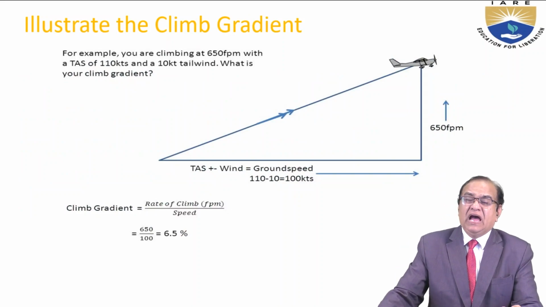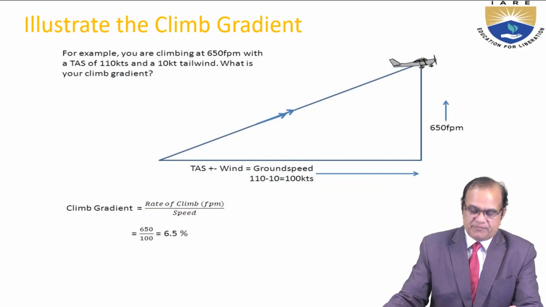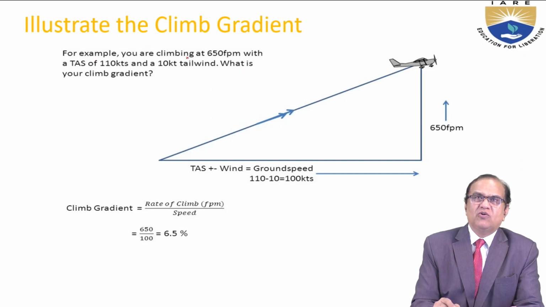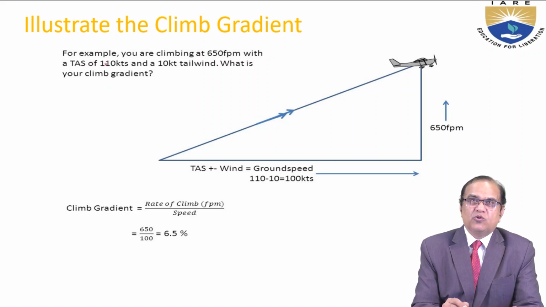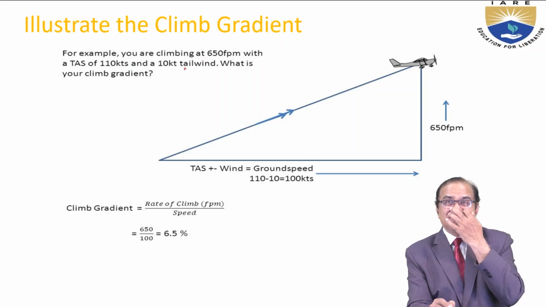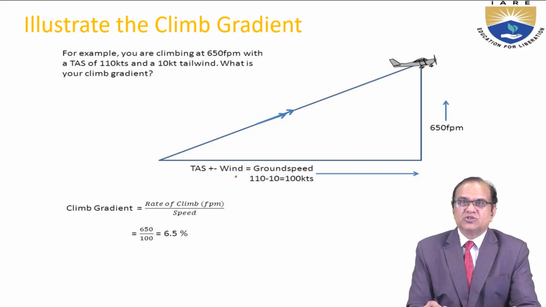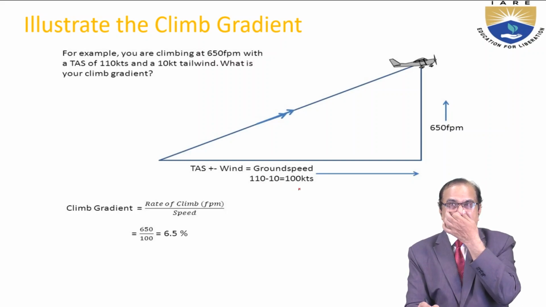Illustrate the climb gradient with an example. Say you are climbing at 650 feet per minute with a true airspeed of 110 knots and a 10 knot tailwind. What is your climb gradient? Here, true airspeed is 110 knots and 10 knots is the tailwind, so ground speed is TAS plus or minus wind. 110 minus 10, you will get 100 knots.